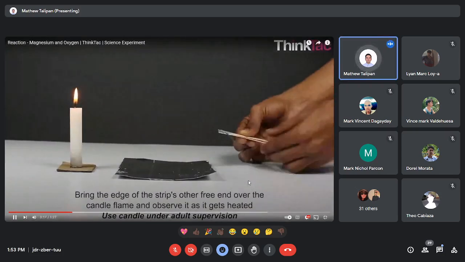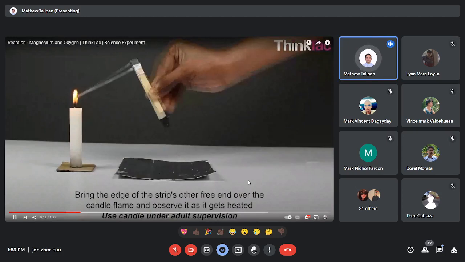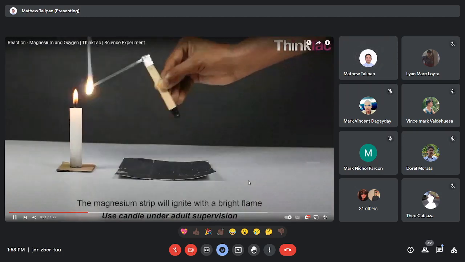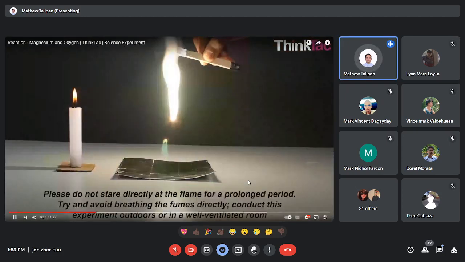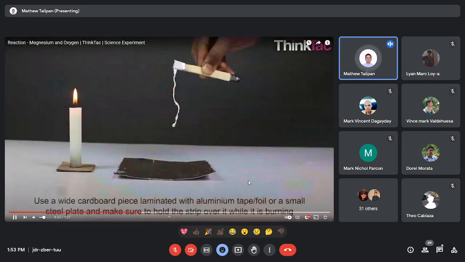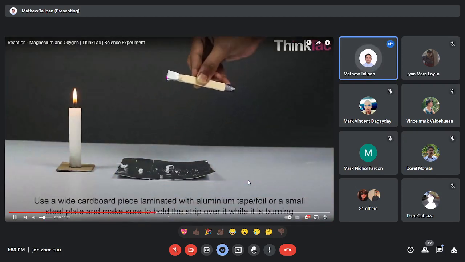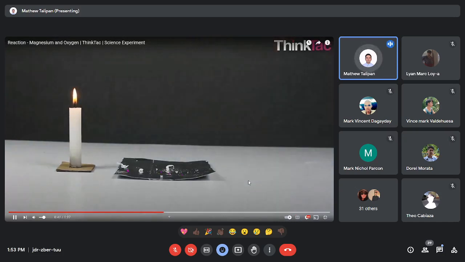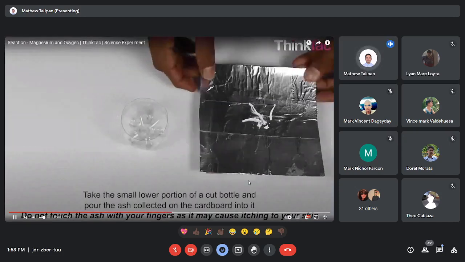That's the magnesium ribbon being ignited in the candle or burner, so that would be the light that is produced. And oxygen in the air would react with your magnesium, and of course it will burn, and you produce the white ash. That white ash is your magnesium oxide.